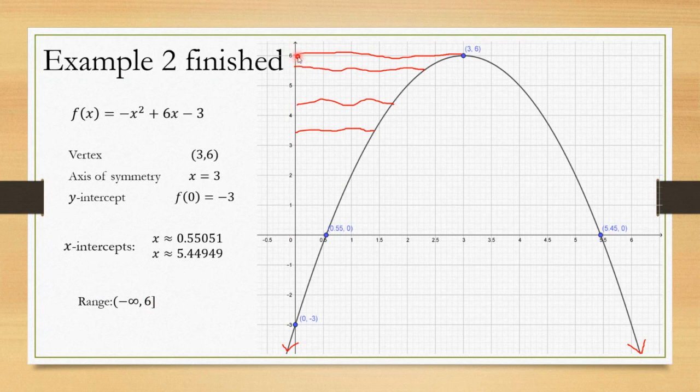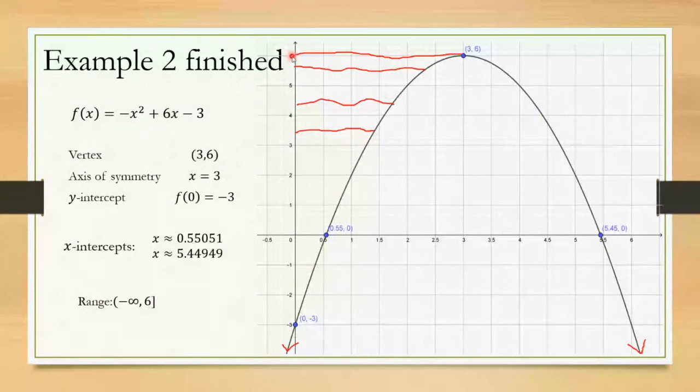What I like to do is draw horizontal lines either from the graph to the axis or from the axis to the graph. Since this horizontal line, in the loose sense, hits the graph, that tells you 6, which is what the horizontal line goes through, is in the range. Does that make sense?